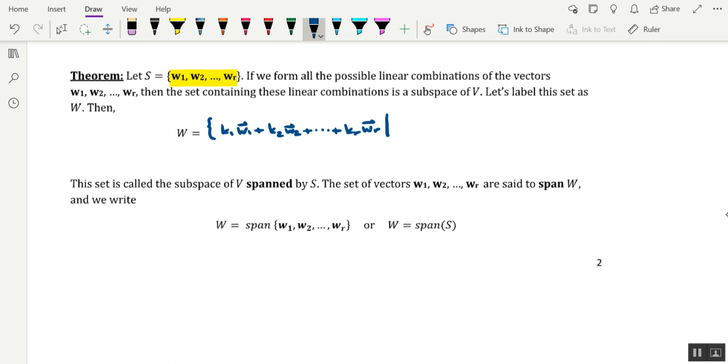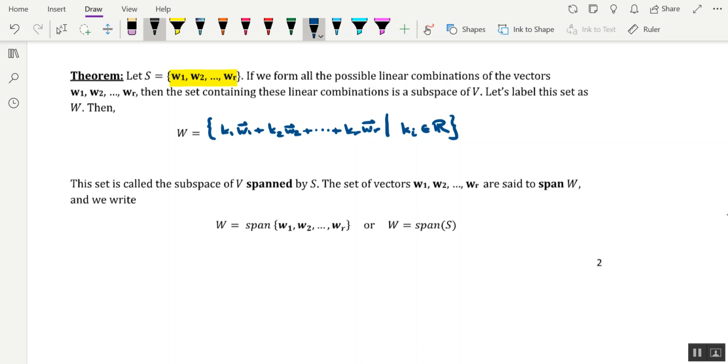And I do want to put a little condition on our K1 through KR in there. Each one of those K sub i's is a coefficient, aka scalar, and those will come from the set of real numbers. So I think we're probably good to say that K sub i is an element of the set of real numbers. So the set of all linear combinations such that each coefficient is a real number.